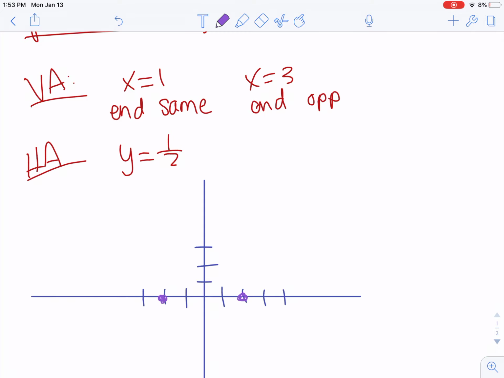And then I have a y-intercept at (0, 4/3). So here's (0, 4/3). And then we have vertical asymptotes at x equals 1 and x equals 3. And then we have our horizontal asymptote here at y equals a half. Okay?